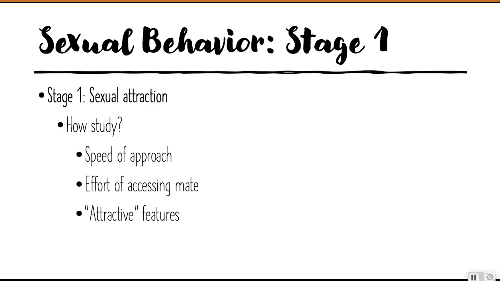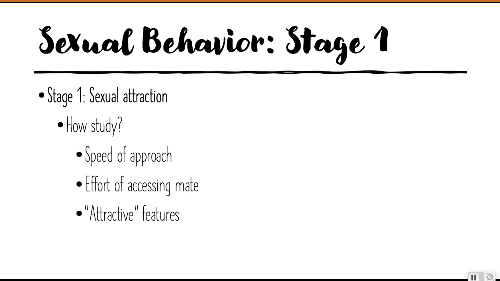We can also measure which features are more attractive, and we can do this by manipulating appearances. So we can maybe remove or add certain markings on an animal. In humans, maybe it's looking at different eye colors, different colors of hair, different body sizes.